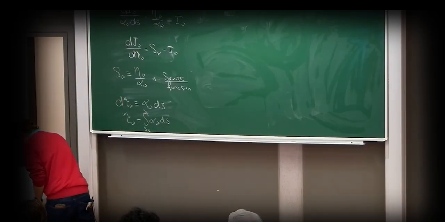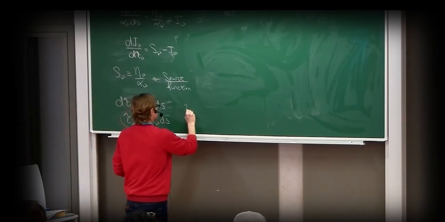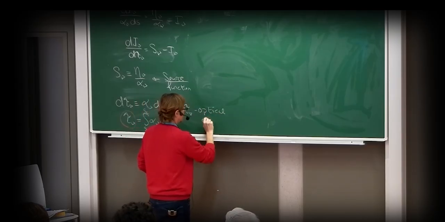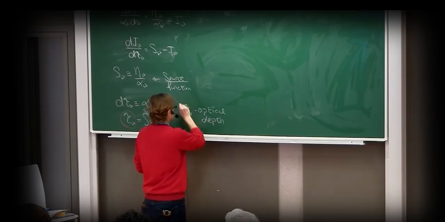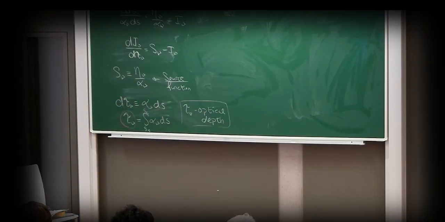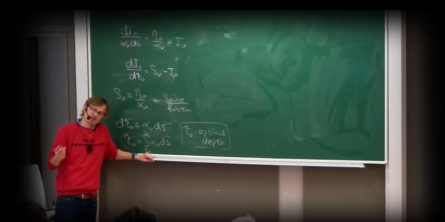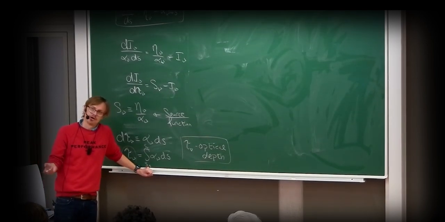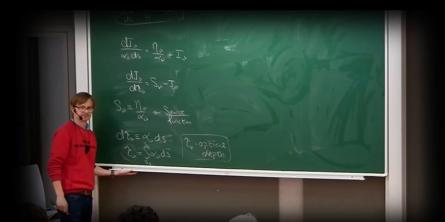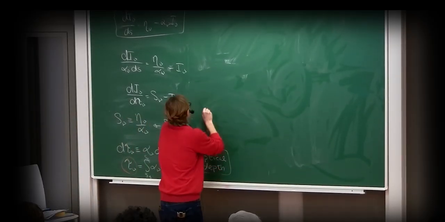Then this quantity, tau nu, is what we have qualitatively discussed as the optical depth. It's this quantity that essentially determines if an object is optically thick or optically thin. It's an integral quantity, which sometimes you can solve analytically and sometimes you cannot.